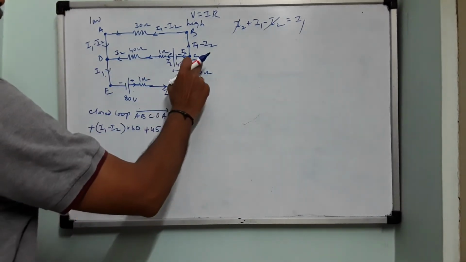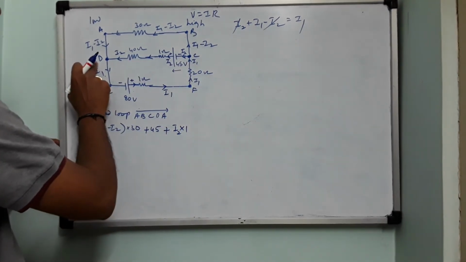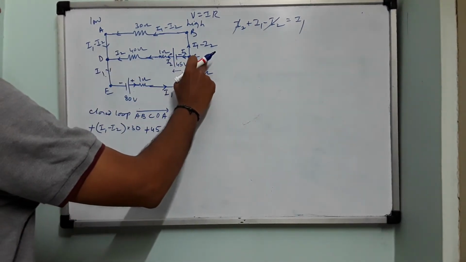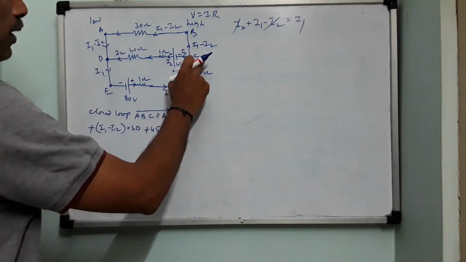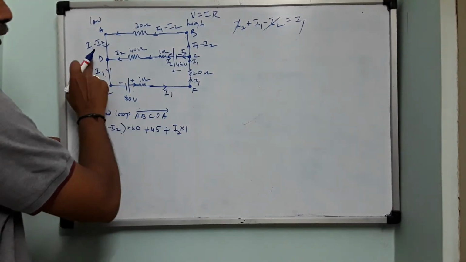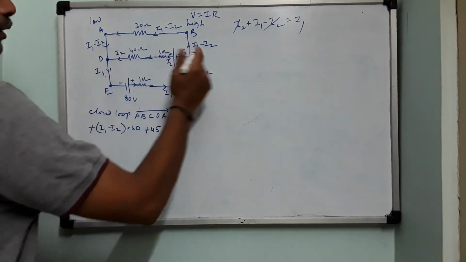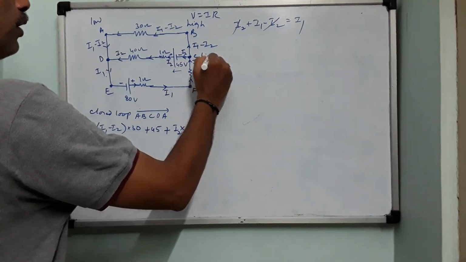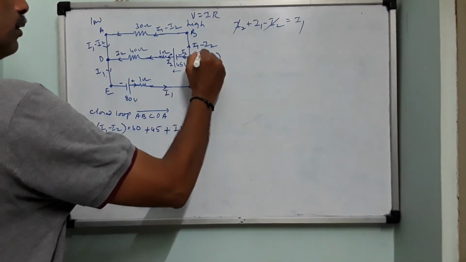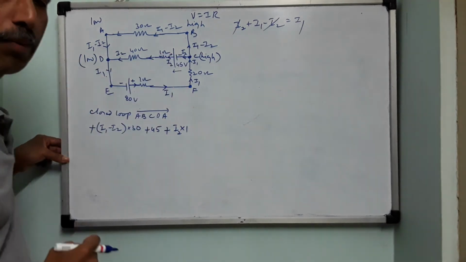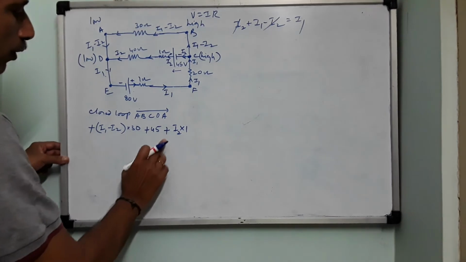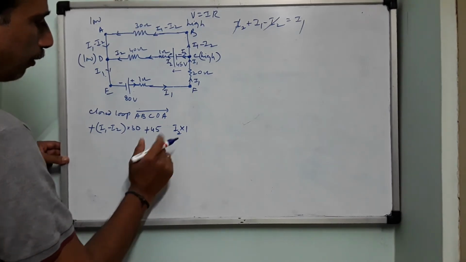Now, you are moving from C to D. That means potential at point C should be greater than potential at point D. I repeat, potential at point C should be greater than potential at point D. So this is a high potential point and this is a low potential point. Therefore you are moving towards a low potential, so the sign should be negative.